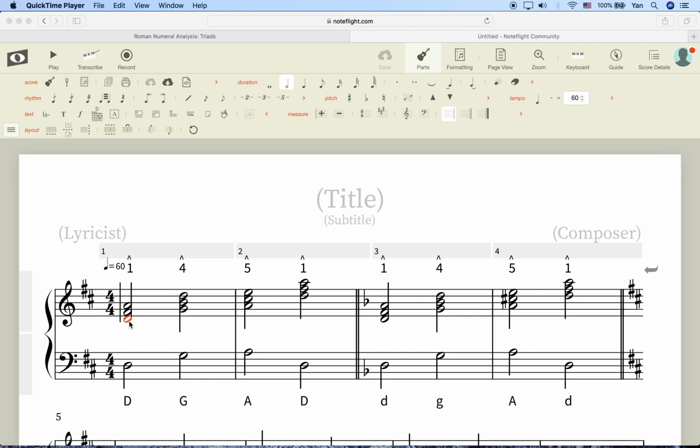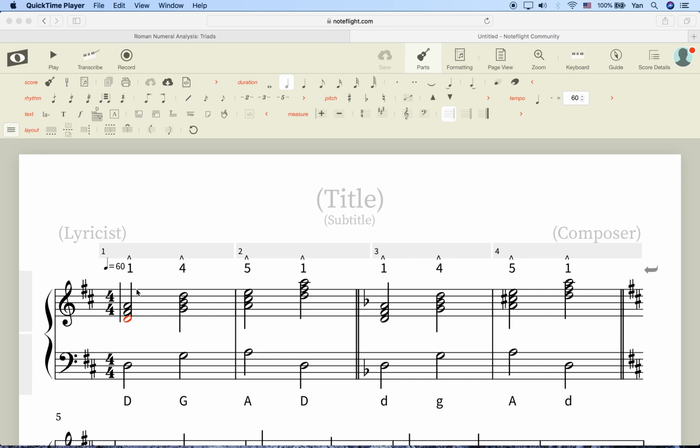We have two examples here, one in D major with the key signature of F sharp and C sharp, and the same example in D minor, with the key signature of B flat. We start with the first degree diatonic triad in D major, which is the D major triad.